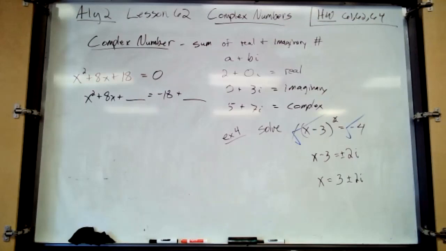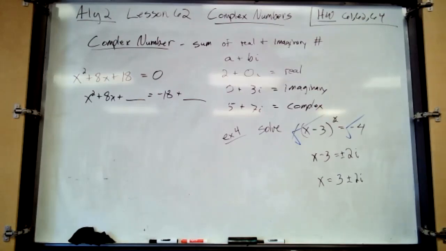Do you know what we add to both sides? What makes it a square trinomial? It's if that constant term is the square of half of the middle term, the x term. So you divide by 2: 8 divided by 2 is 4, and then you square it.